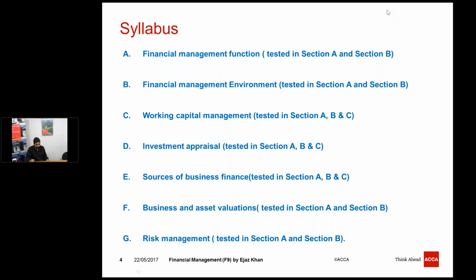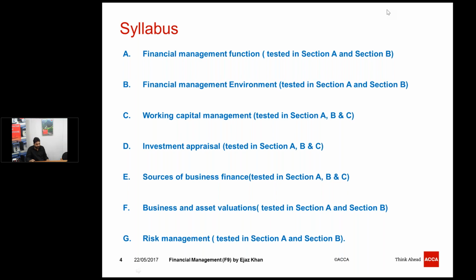One of the areas has been merged into sources of business finance, that is cost of capital. It used to be separately tested in the name of cost of capital. Now it has been merged in the sources of business finance section.